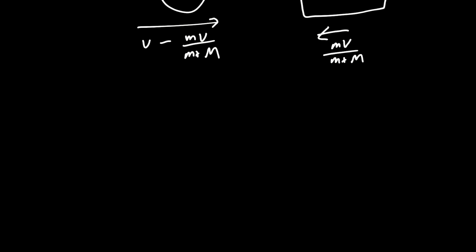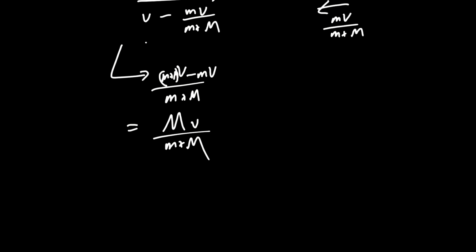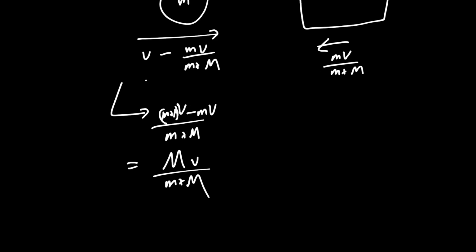If I then simplify this expression, that's going to be m plus M times v, minus mv, over m plus M. So I'm going to end up with big M v over m plus M. And I don't need to simplify the larger mass.